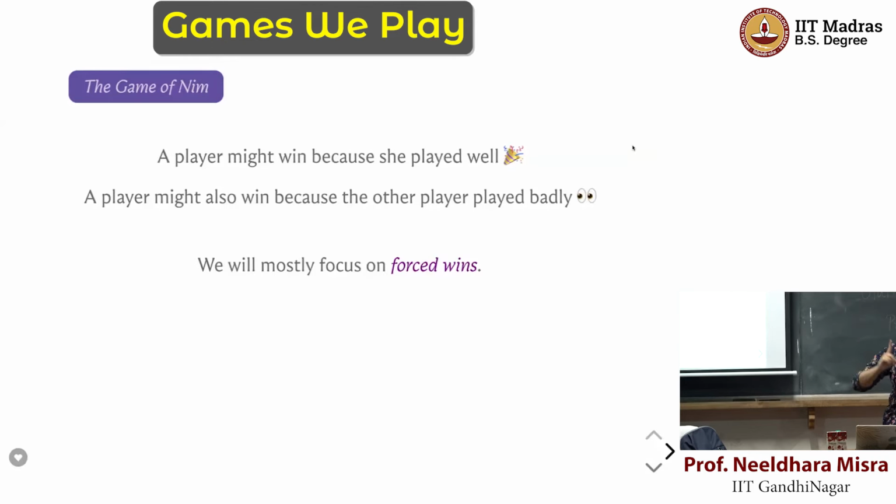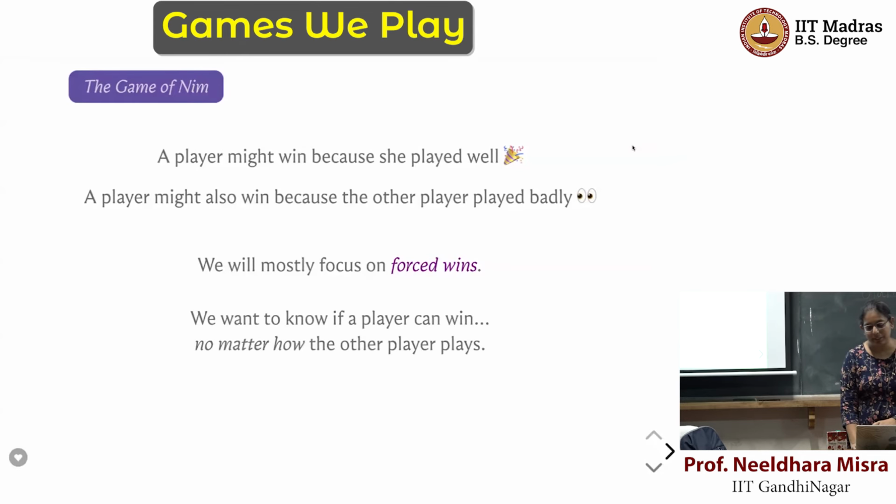Okay? We should be able to prove a claim like the first player can always win, but if they don't deploy the winning strategy, then what can you do? Sometimes they might lose. But we want to prove things like the first player always wins. And sometimes all you know is that a strategy exists, but you may not know how to compute it. Those are also sometimes interesting situations.